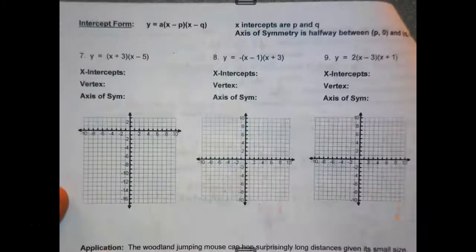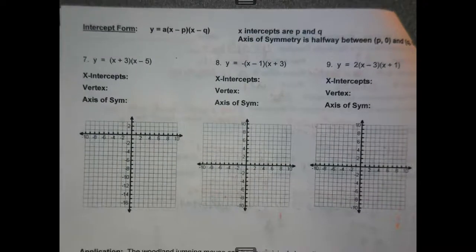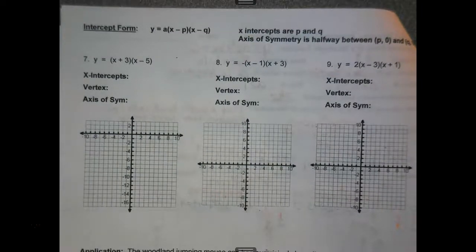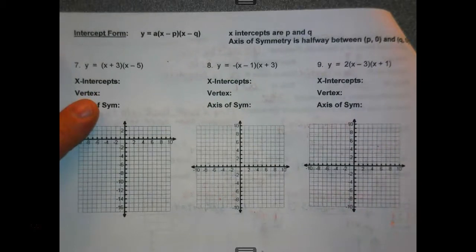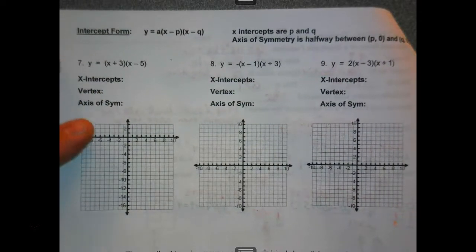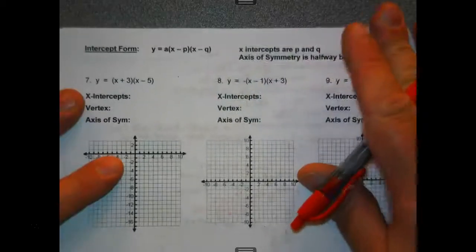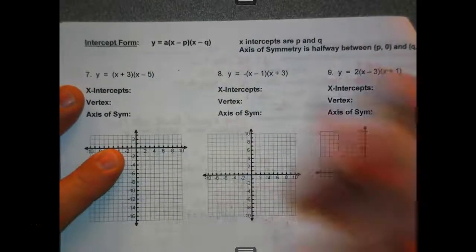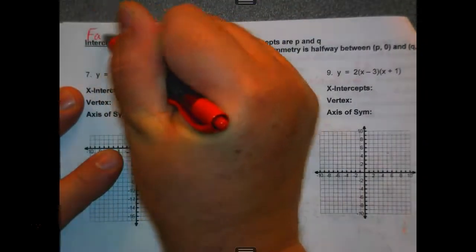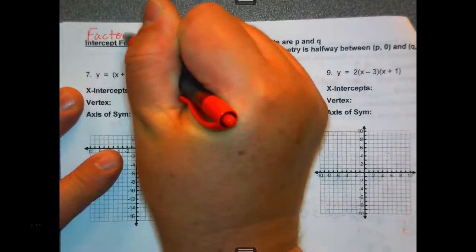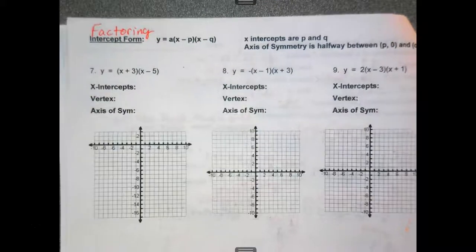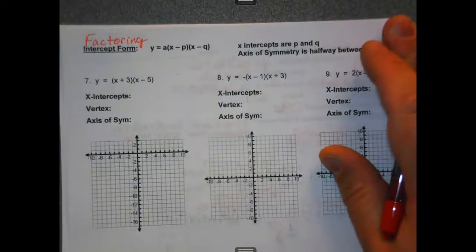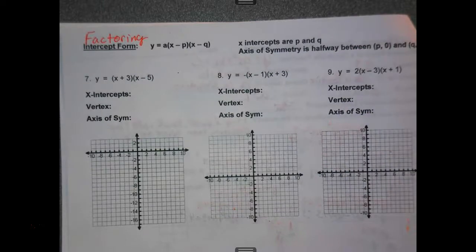Okay, I do not like this form. y equals a times (x minus p) times (x minus q). What does this look like to you? Looks like factoring, right? The quantity times the other quantity, you FOIL.